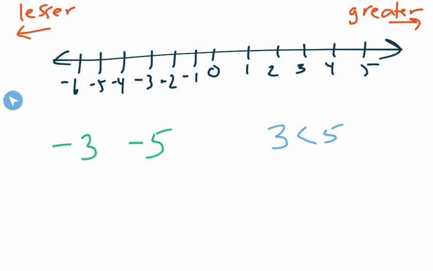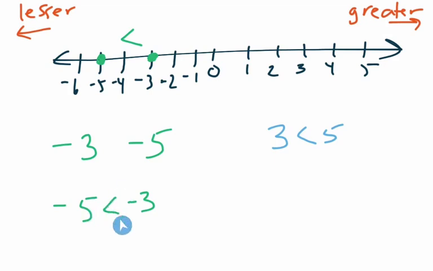And it's no different once you cross to the other side of the 0. So if I plot the negative 5 and I plot the negative 3, you can tell that negative 5 is less than negative 3. And if we were going to write it with a symbol, negative 5 is less than negative 3.